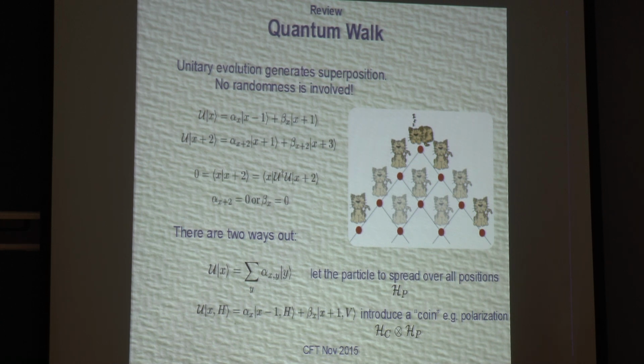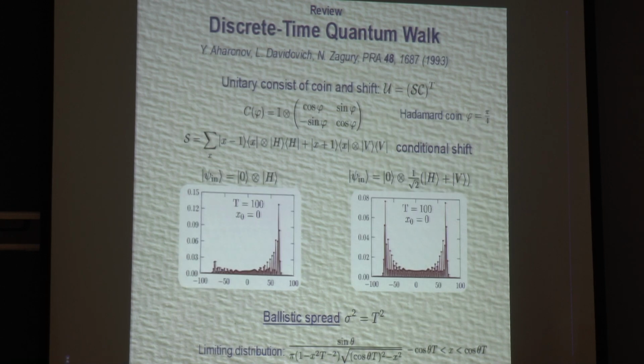We can solve this problem in two ways. Let the walker spread over all positions in the graph in a single step. Or introduce another degree of freedom called the coin degree of freedom, for example, implemented by polarization. This degree of freedom will mimic the randomness as it was in classical process.